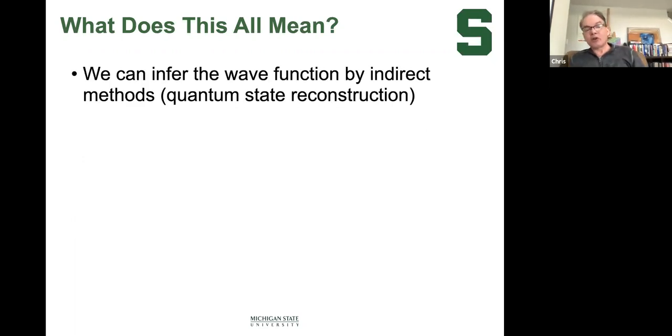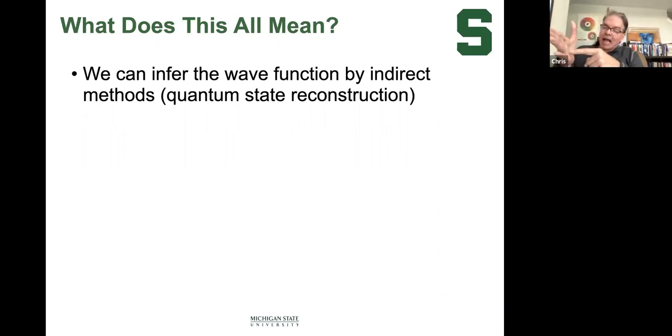Now, we can actually infer the wave function by indirect methods like the quantum state reconstruction that I just showed you. But your standard clicks on a measurement on a device, they are not telling you something about the quantum state.